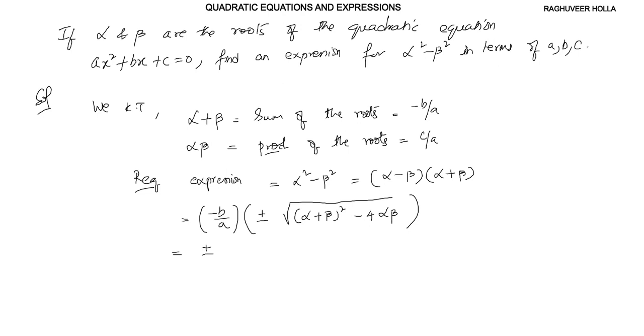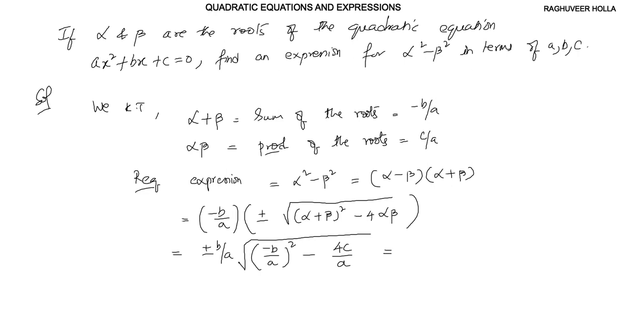This is equal to plus or minus b by a times the square root of minus b by a whole squared minus 4c by a.